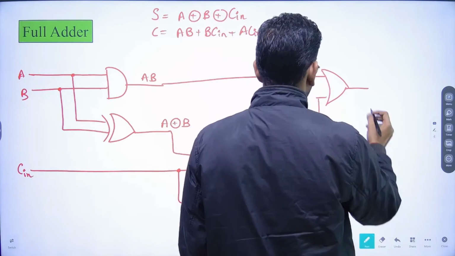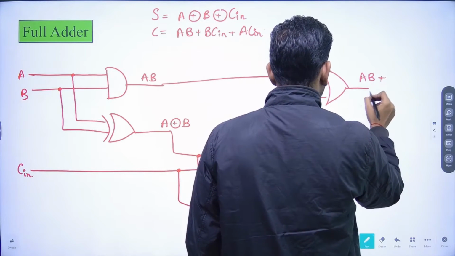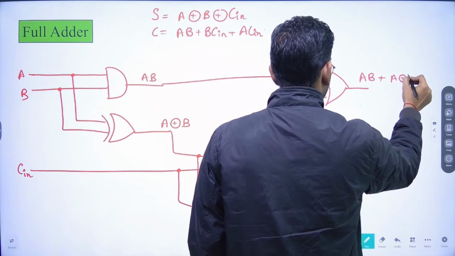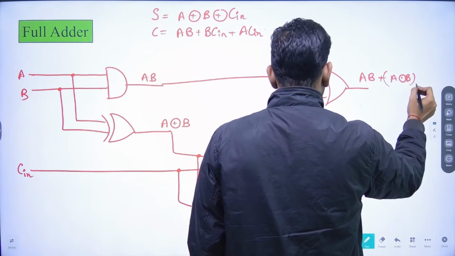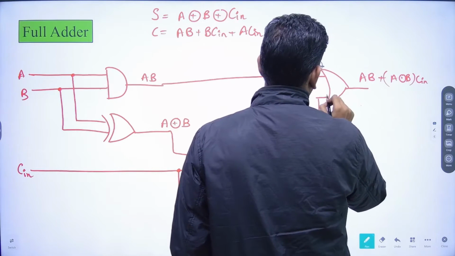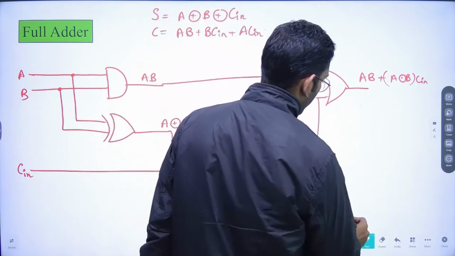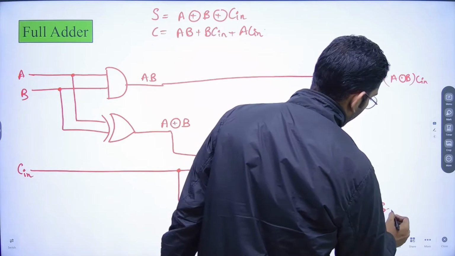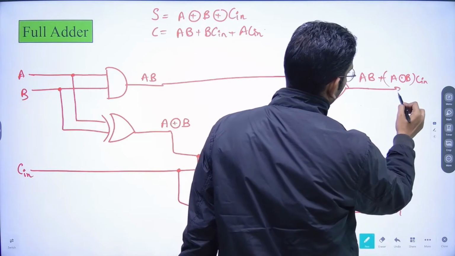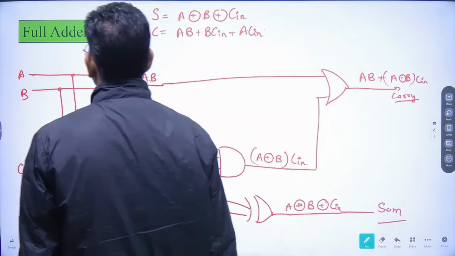So we can get AB plus A XOR B times C in. So this is another expression of the carry. So here we are getting the sum, and these are the sum and the carry.